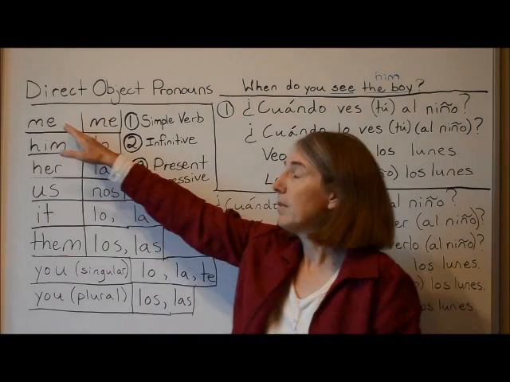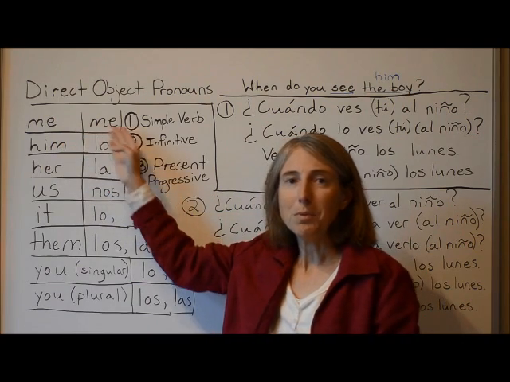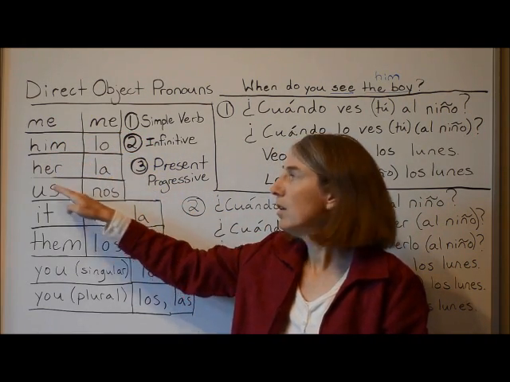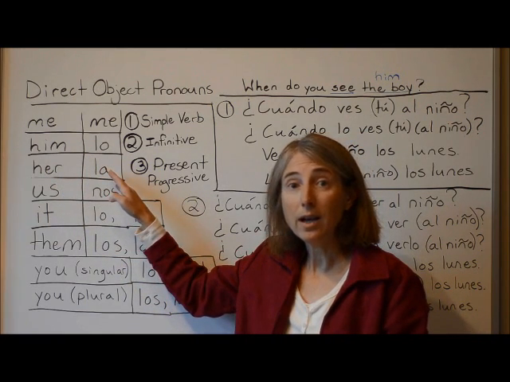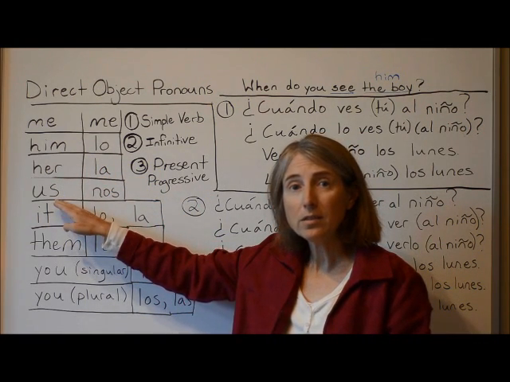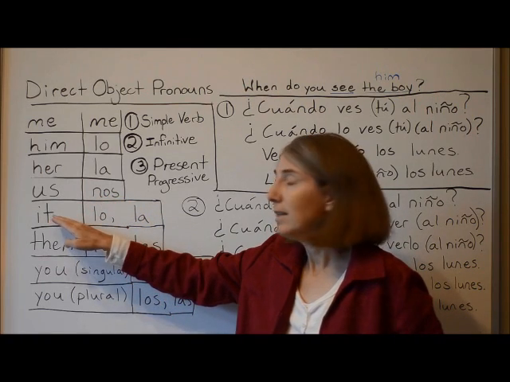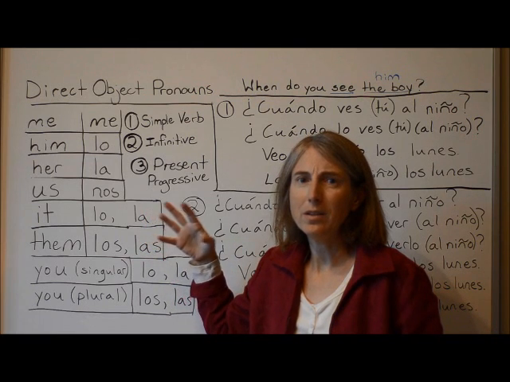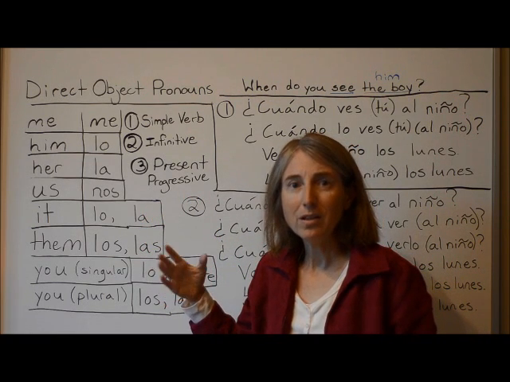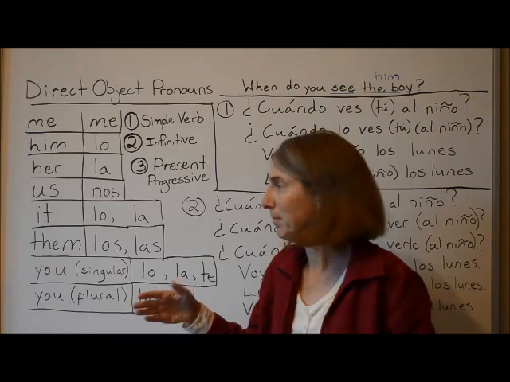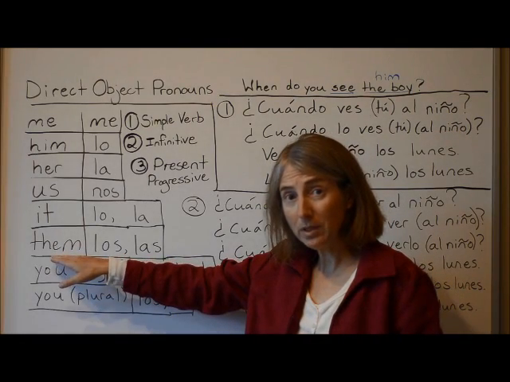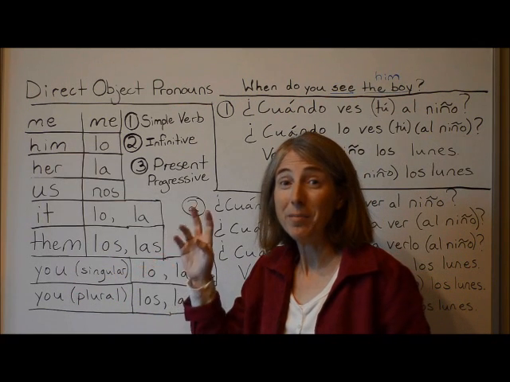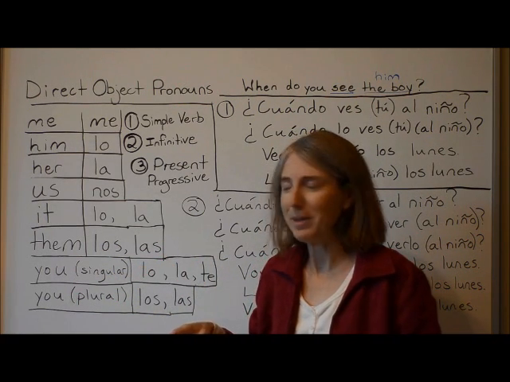So for the direct object pronoun me, it would be me, him, lo, her, la, us, nos. It can be lo or la, depending on if the object we're talking about is feminine or masculine. Them can be los or las, again depending on if the them that we're talking about is masculine or feminine.